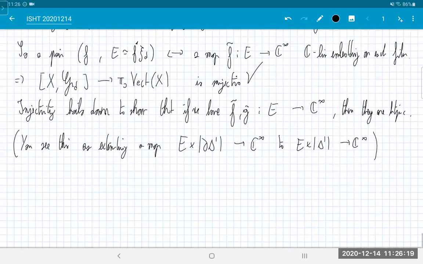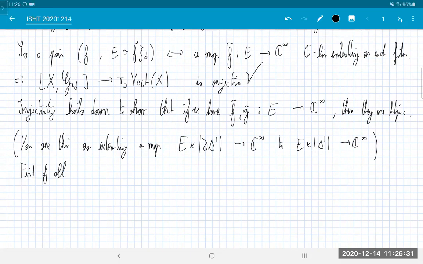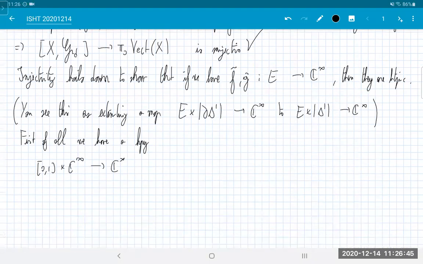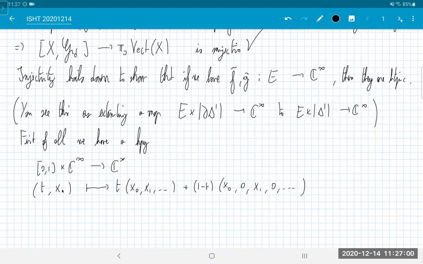So we have F tilde and G tilde, and we want to show that they are homotopic. First of all, we have a homotopy from [0,1] times C infinity into C infinity, sending (T, X) to T times (x0, x1, etc.) plus (1 minus T) times (x0, 0, x1, 0, etc.).